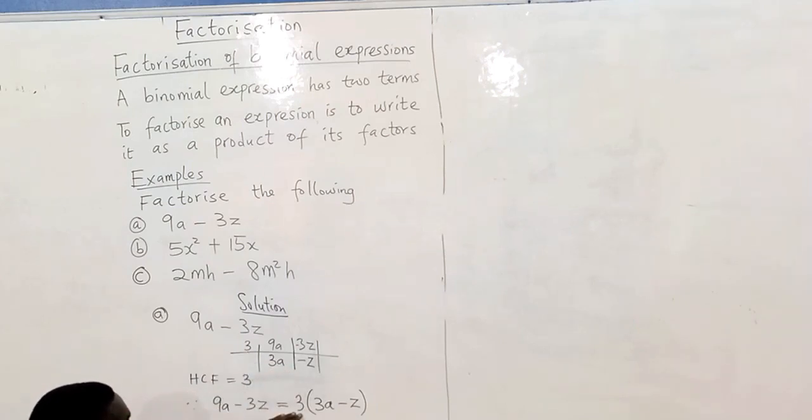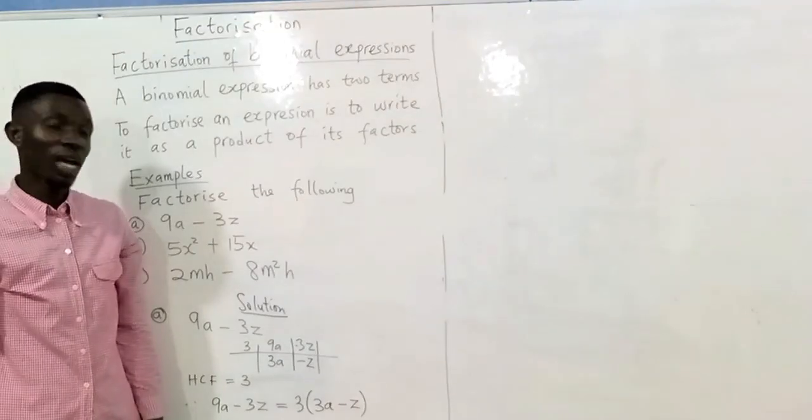The HCF becomes a factor, and then whatever is remaining at the end, we bring it out in a bracket, and that also becomes a factor. So this is 3 times (3a minus z). This is the solution to this.